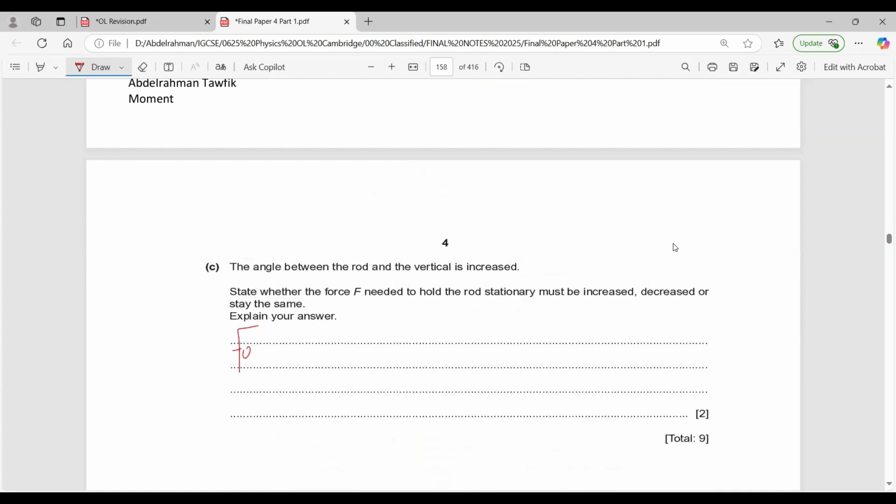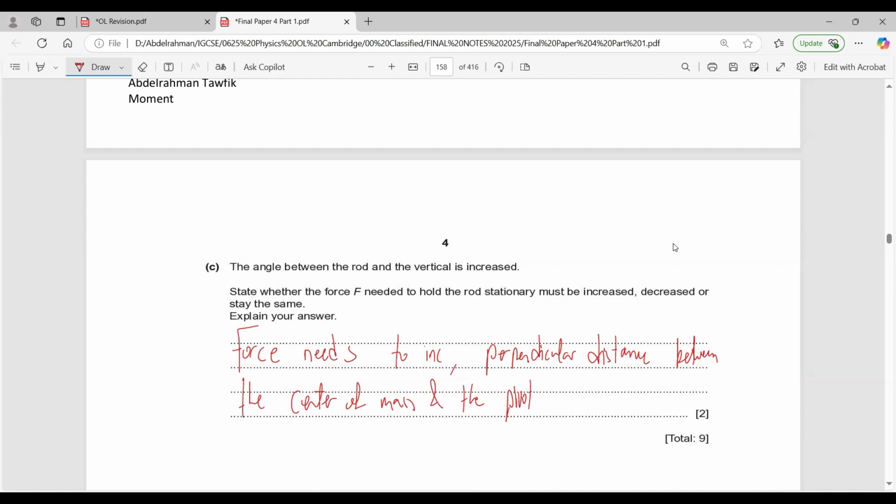Force F needs to increase because the perpendicular distance between the center of mass and the pivot increases.